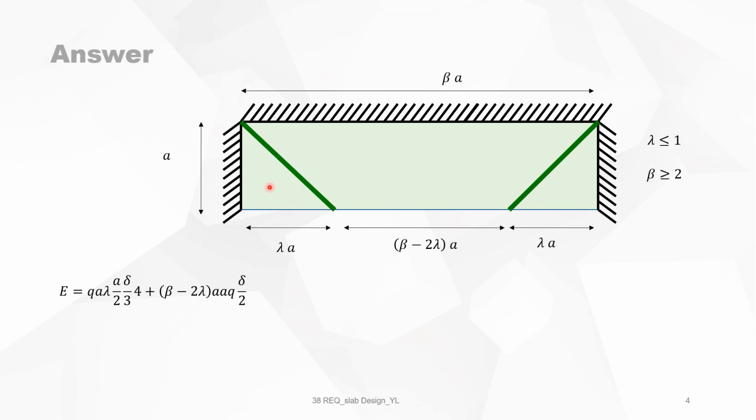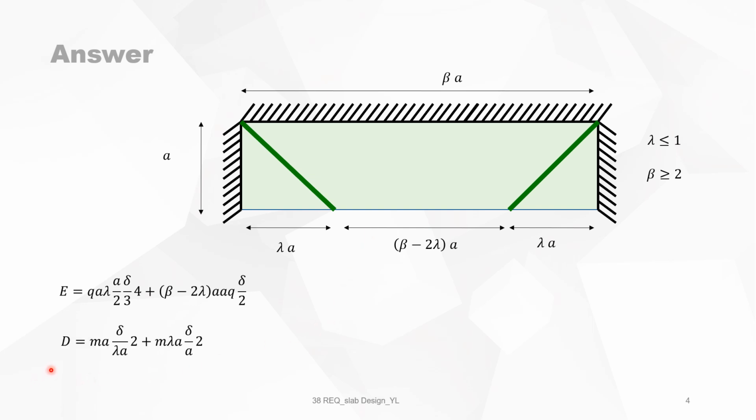And we have this one, this is also a triangle, 2, 3, and 4 times. That's where the 4 is coming from. The other part is rectangular, so it's beta minus 2 lambda times A multiplied by A, and the mean deflection is delta over 2.